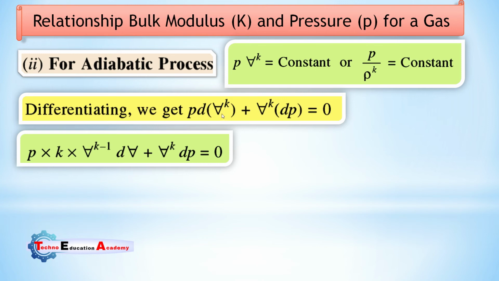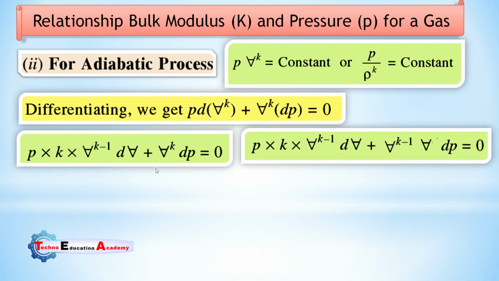Same here, V raised to K gives K into V raised to K minus 1 dV, plus V raised to K, which is a constant term, into dP equal to 0.